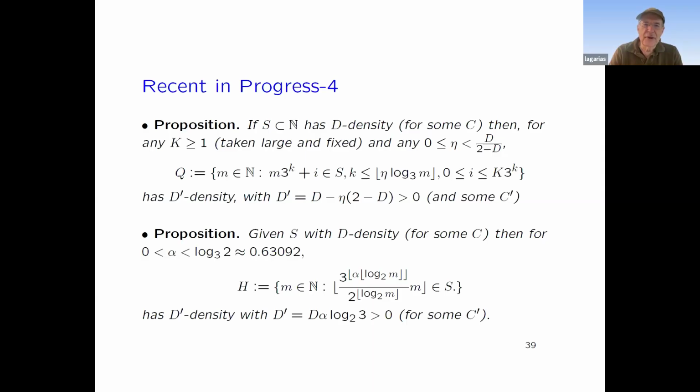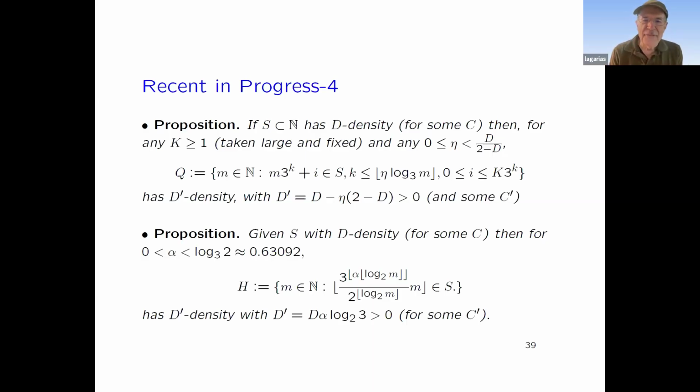If you take a number with a star density and you look at the numbers m such that m times 3 to the k plus i is in the set simultaneously for all the small exponents k and all the i in a range from 0 to k times 3 to the k. So if you take k equals 10, you're covering the full congruence classes mod 3 to the k 10 times. So it's a Ramsey type thing.